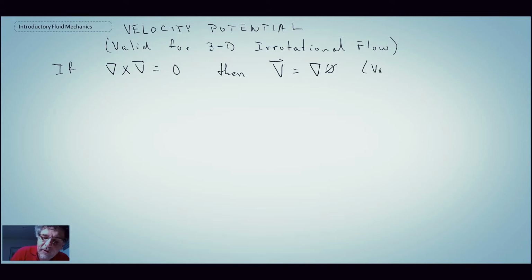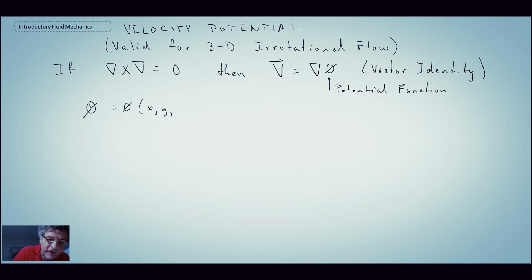And this is a vector identity. We're going to take advantage of that, and this is going to be our potential function. We saw the stream function earlier. Now we're going to look at this potential function. It's another function that is a function, in this case, of the three spatial coordinates, and we can also have it as a function of time. And this is known as the velocity potential function.